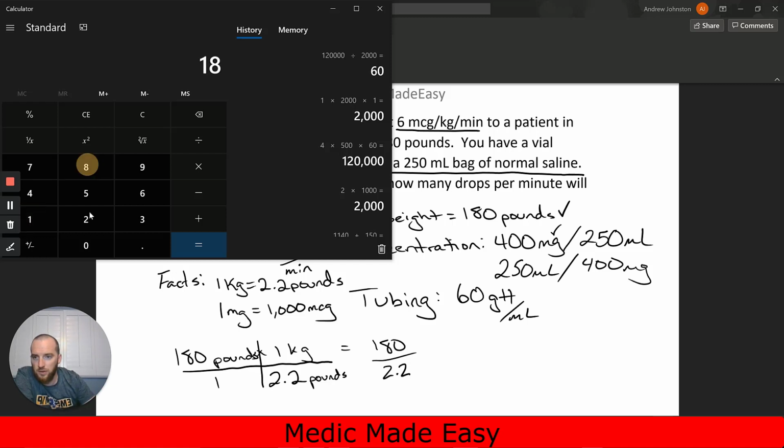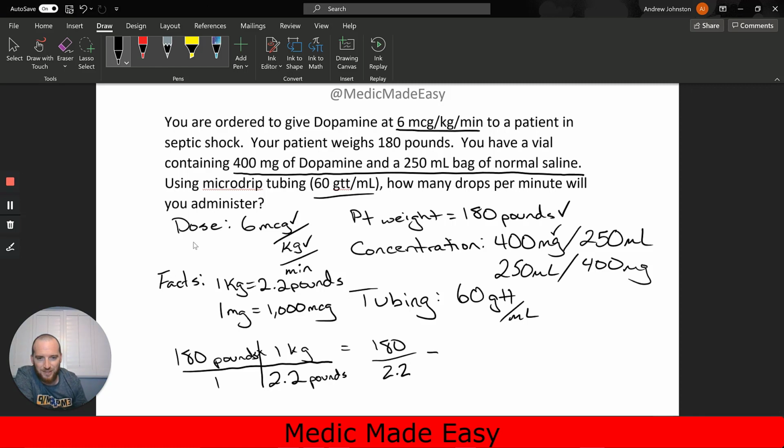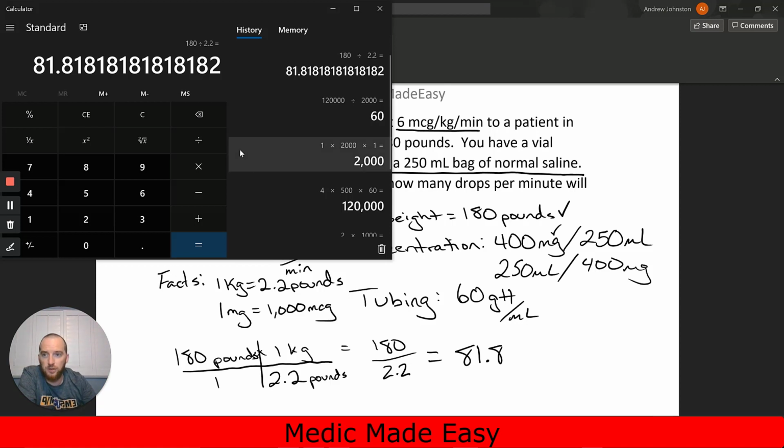So 180 divided by 2.2 gives us 81.818181818181. I usually leave one extra decimal for now. I encourage you not to round too early in this. So we have this 81.81818181, and I like to just pick that first decimal and cut it off there. 81.8 is my number.